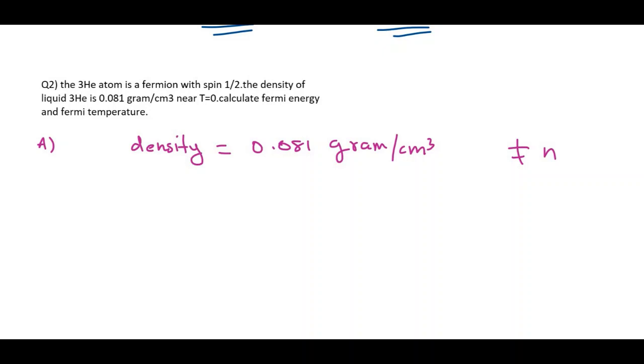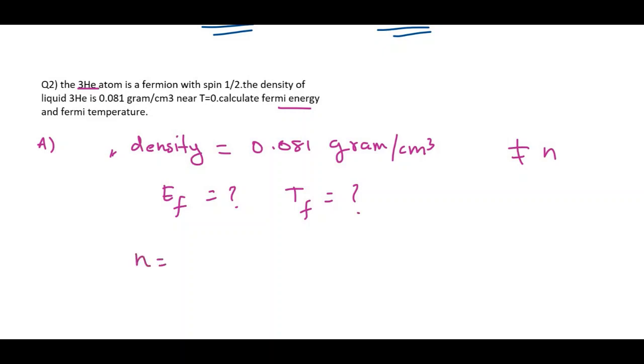This is the given data, and it is given helium 3, which is actually a radioactive element, but that does not matter here. Calculate Fermi energy, and the second one is Fermi temperature. So first task is to find n.